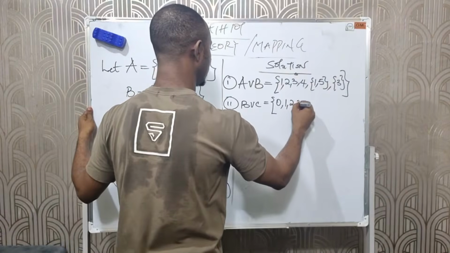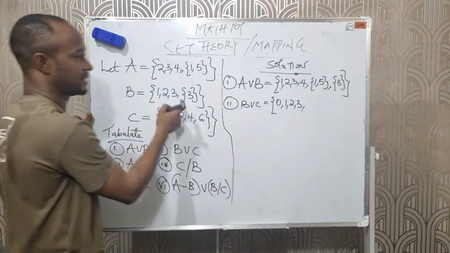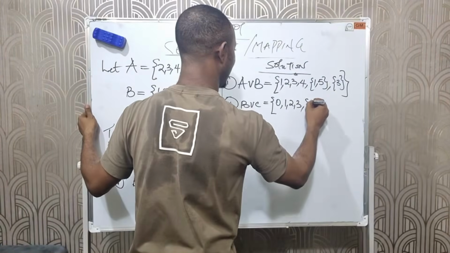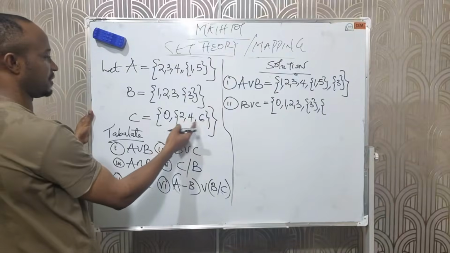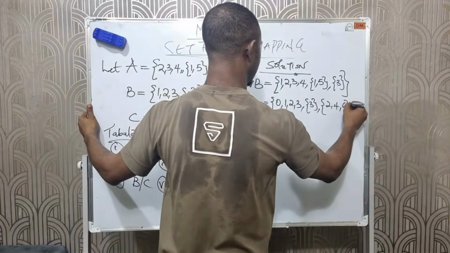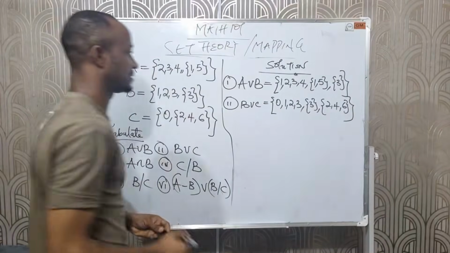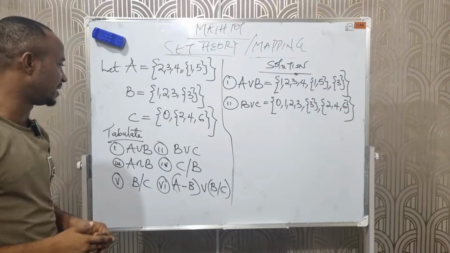Then after 3 follows set 3. Then the next one is 2, 4, and 6. Final answer. Always look out for what follows an element.